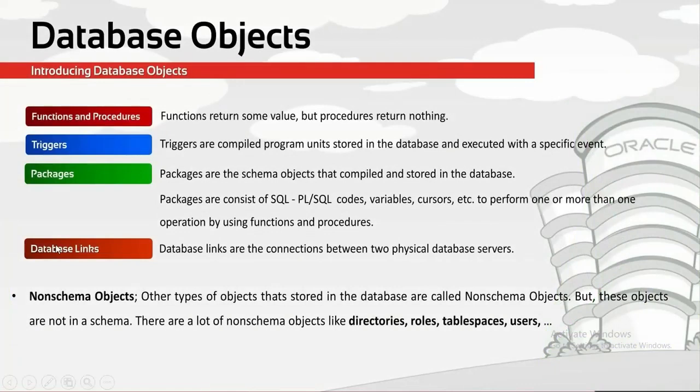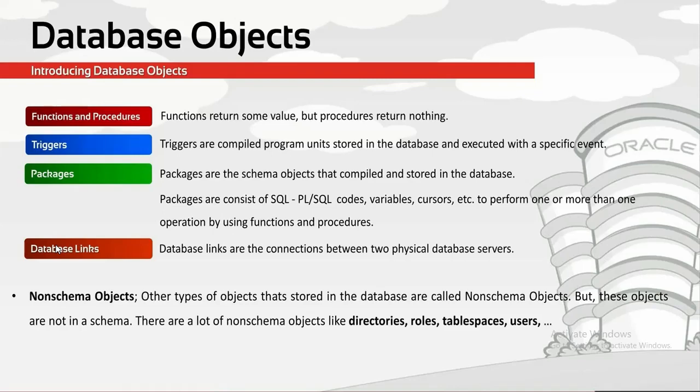So here, functions and procedures. Functions return some value, but procedures return nothing. Later in this course you can learn these in depth. What are triggers? Triggers are compiled program units stored in the database and executed on a specific event.